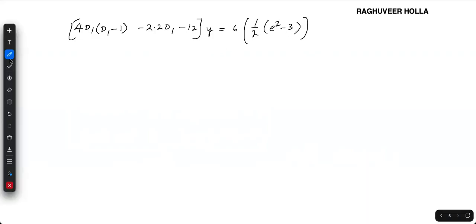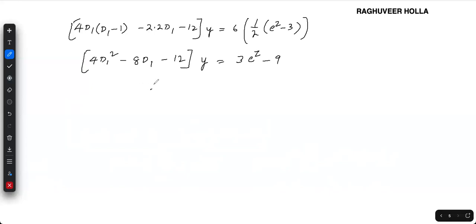Further simplifying, this is 4 D1 squared minus 4 D1 minus 4 D1, that is 8 D1, minus 12, this whole thing into y, is equal to 3 e to the power of z minus 9.